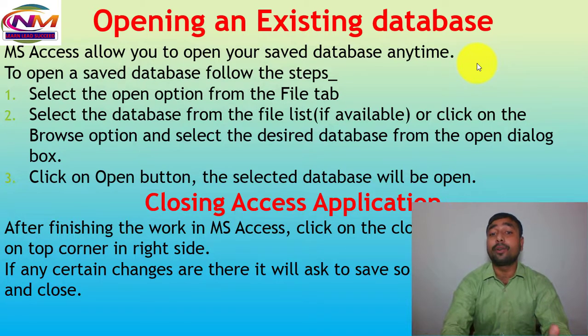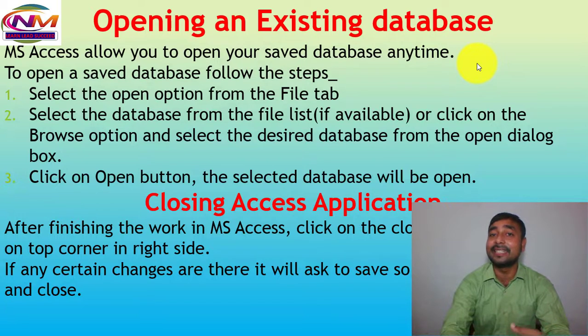Now if we have completed our task, we have finished our task, and at the end we have to close our database, we have to close MS Access. The steps, as you know, everyone knows how to close the Access application. Simply click on the Close button, which is available at the topmost right corner. Close it.